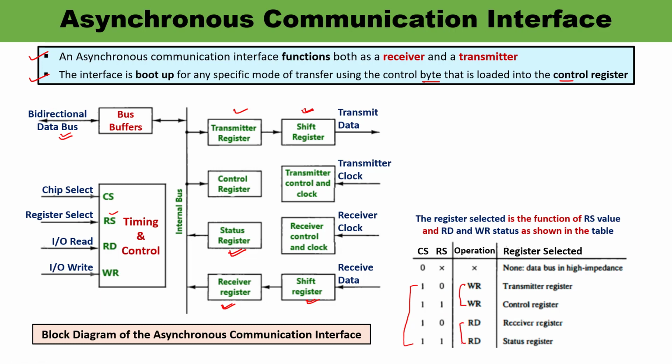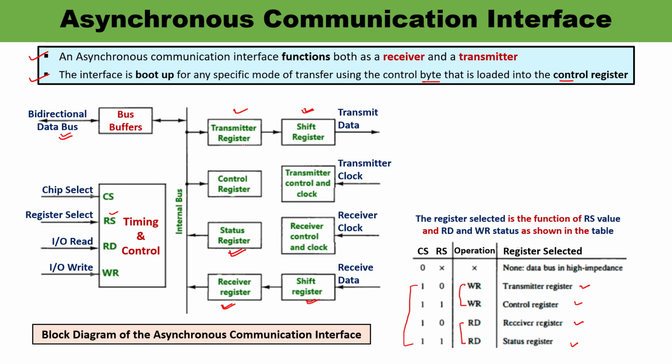Here you can see that two registers are write only and two are read only. Write only means the transmitter register and the control register. Read only means the receiver register and the status register. From the status register, the status of flip-flops can be read. From the receiver register, the data which is to be retained by the CPU can be read. In the control register, the control byte is stored.